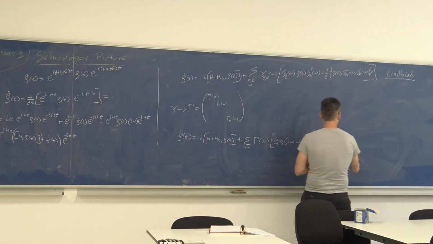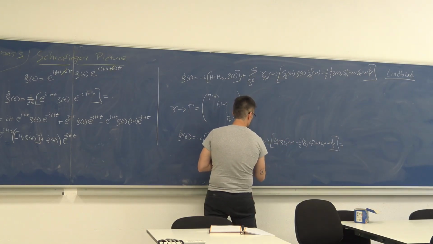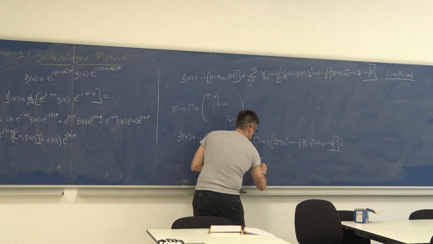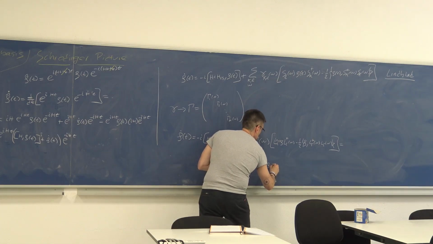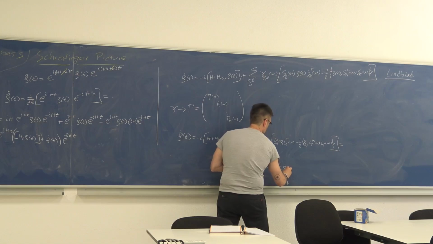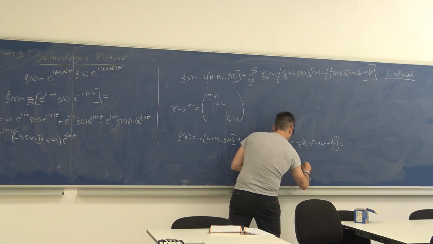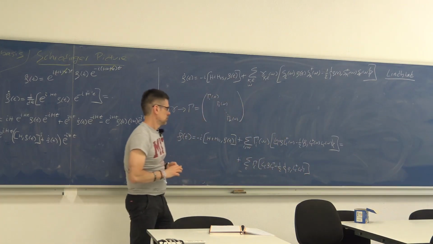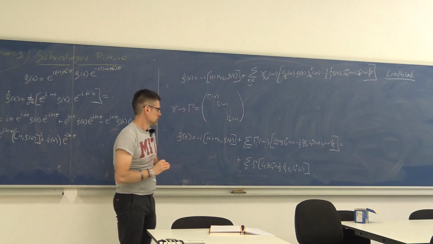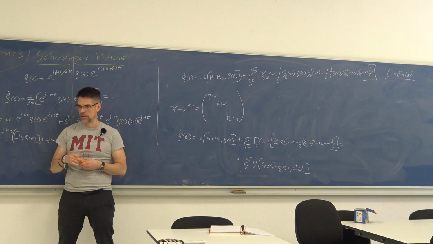I get something like: sum over i of gamma_i, L_i rho L_i dagger minus half the anticommutator of rho with L_i dagger L_i. Yeah, okay. This is the most canonical way of writing the Lindblad master equation.